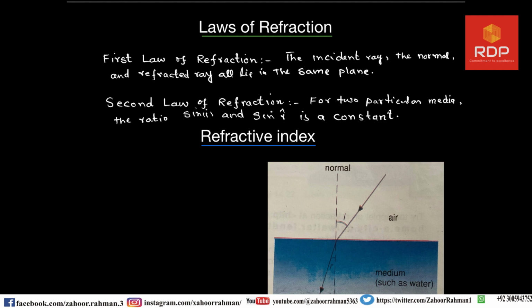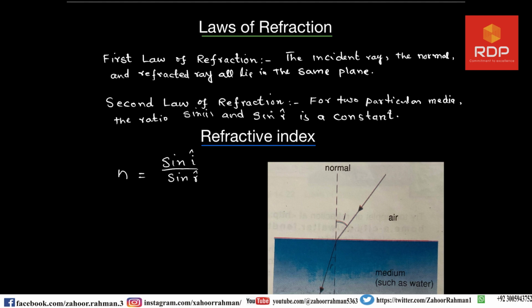So refractive index is always denoted by n in physics, and that is equal to the ratio of sine i divided by sine r. This is called the refractive index.